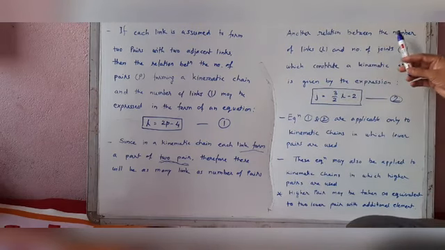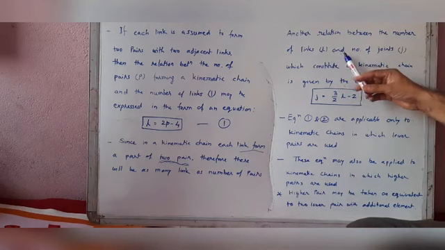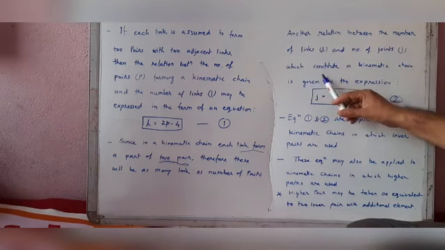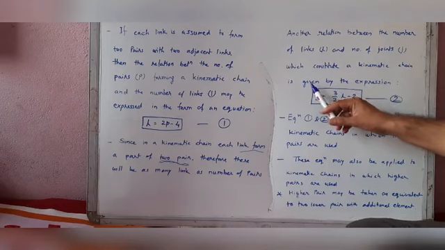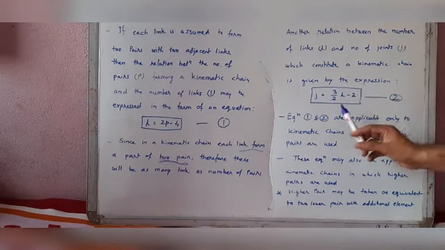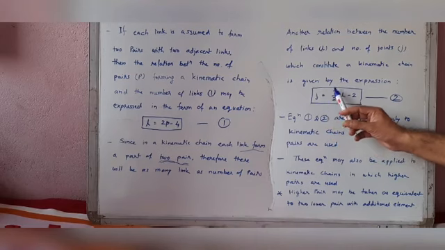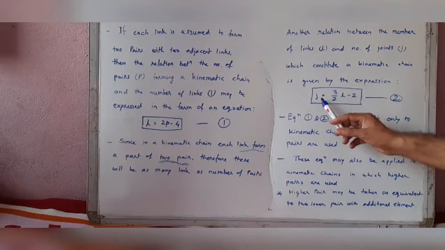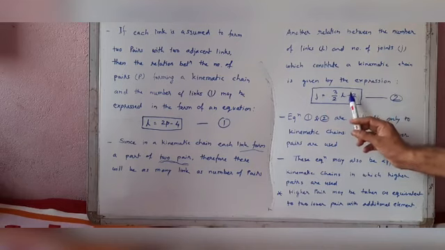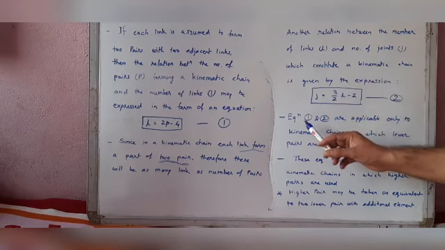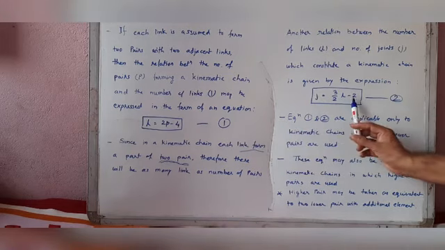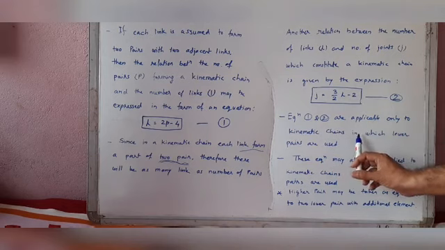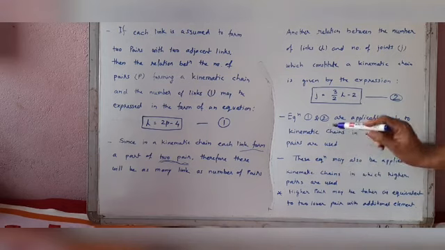Another relation between the number of links L and the number of joints J which constitute the kinematic chain is given by the expression J = (3/2)L - 2, where J is the number of joints and L is the number of links. Equation 1 and equation 2 are applicable only to kinematic chains in which lower pairs are used.